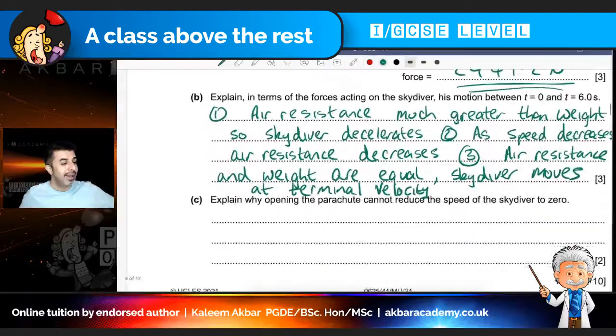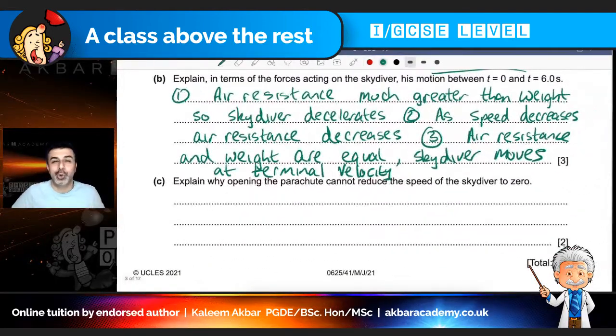And then there's always going to be a part that students don't like in a paper 4 exam, okay? Quite often in the questions. Explain why opening the parachute cannot reduce the speed of the skydiver to 0. I know that kind of question would throw off a lot of students.